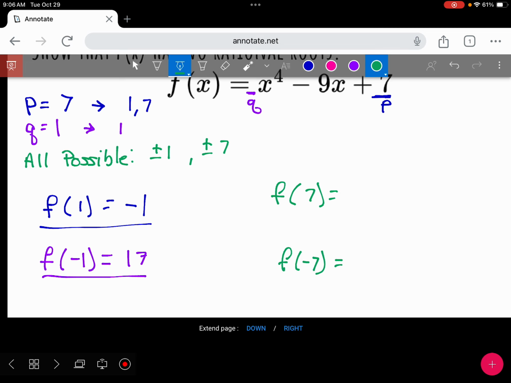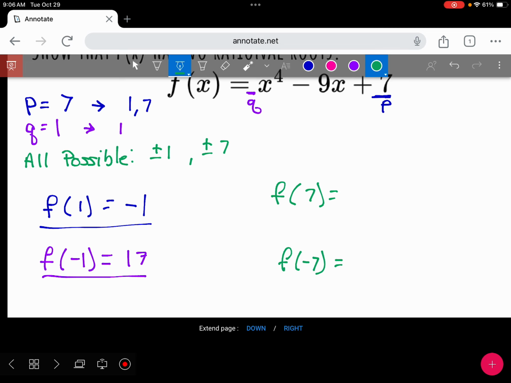What values do we get? So utilize our tools. 7 to the 4th minus 9 times 7.